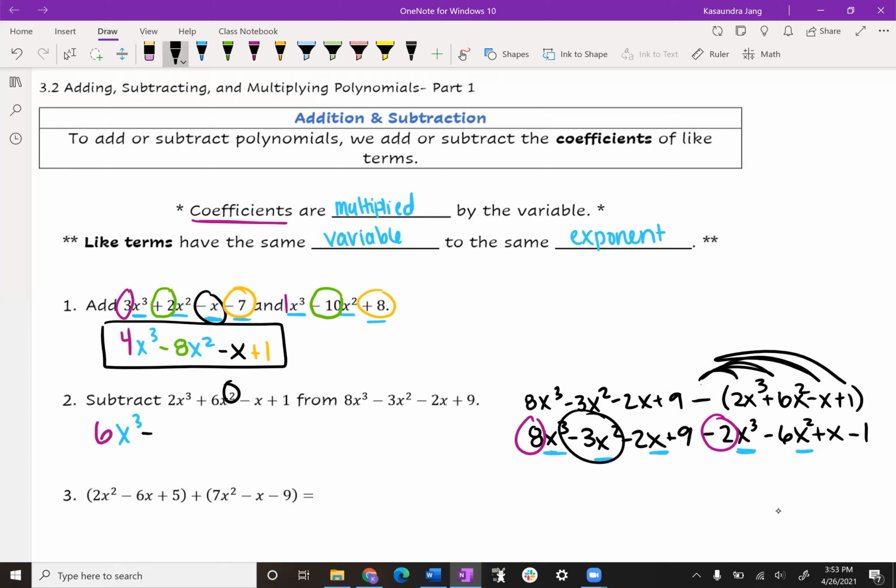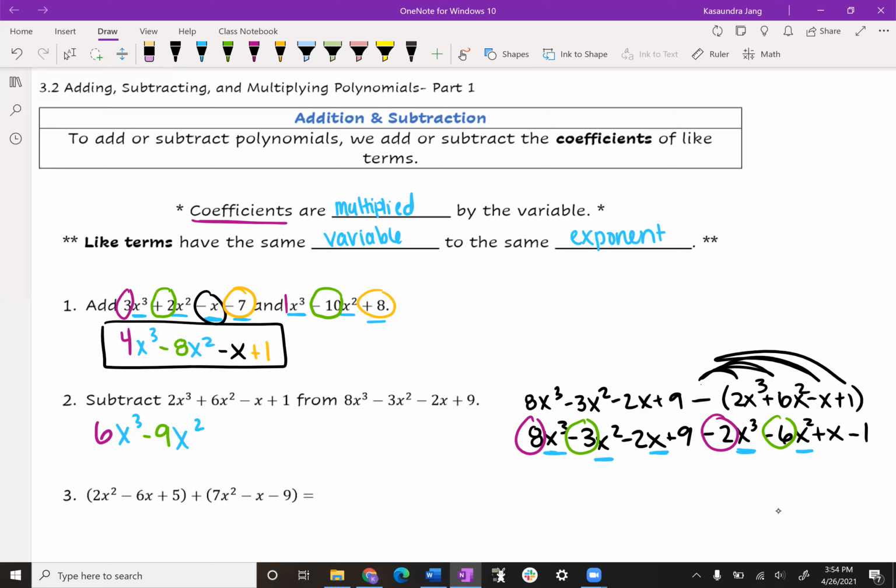So I really did have like terms on my x squared, so I apologize. I had a negative 3x squared and a negative 6x squared. I had 2 different x squareds. So I will combine their coefficients, which are a negative 3 and a negative 6. So negative 3 minus 6 is a negative 9. So here's my negative 9 on the x squared. So I apologize for that.